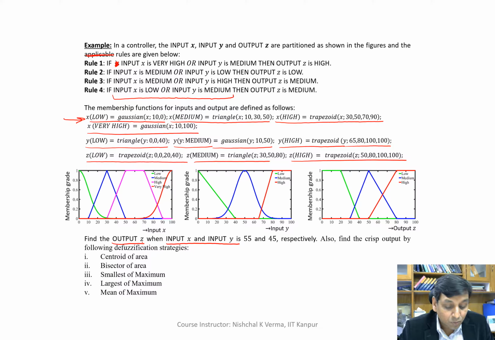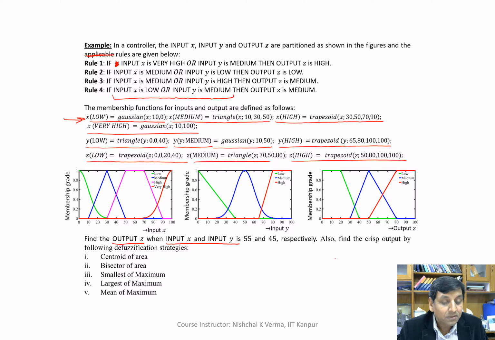So let us first find how many rules are applicable, how many fuzzy regions are relevant for these two inputs, as we have seen in the previous example discussed in the last lecture. Because this is a Mamdani fuzzy model, the output is going to be a fuzzy value after getting the aggregated value.